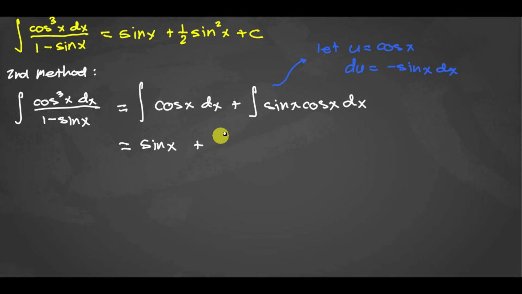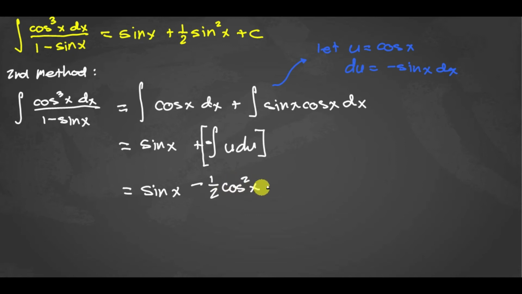Then substituting our newly assigned variable, sin x dx is simply our du, which has a negative. Taking the negative out of our integral, this is negative integral of u du. Then this is equal to negative 1/2 u², where u is cos x. Then we could write this as cos²x plus c.